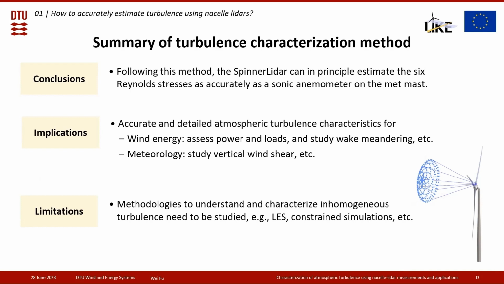This means that we can provide LiDAR users with more accurate and more detailed turbulence information, which benefits some wind energy applications, such as assessing power and load and studying wake meandering. It also means we can use it in meteorology to study the vertical wind shear, etc. There are several applications for these estimated radial stresses.